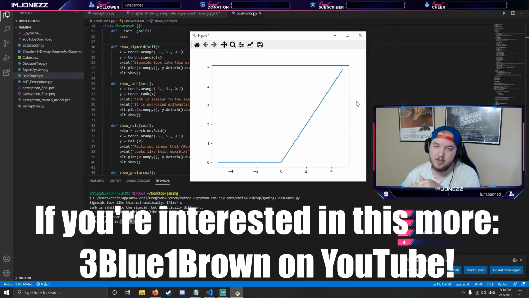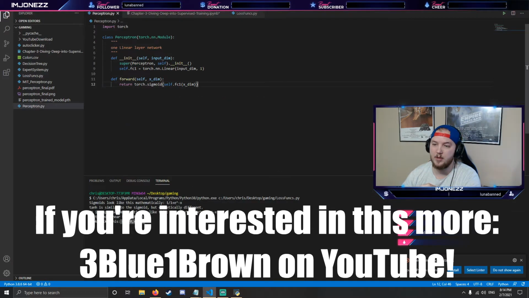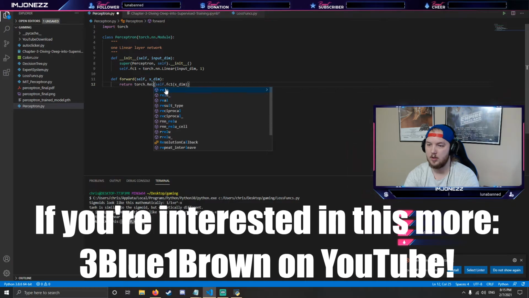If we used a ReLU in our perceptron, which we aren't, we're using a sigmoid, if you remember that. So here's our torch.sigmoid. We could use a ReLU, we could use a tanh. This provides you with customization for that. Our forward section is where we put our activation function to make sure that it's training the way that we want it to train. So if you change this to torch.ReLU right here, you can do that.